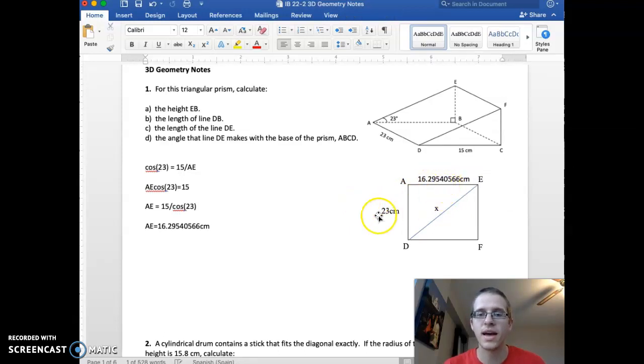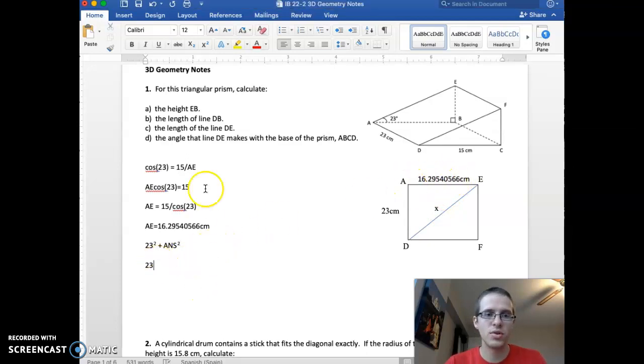And now I can do Pythagorean theorem with these two and x. And x is the hypotenuse in this situation. So you're doing 23 squared plus, in your calculator, I would do ANS, which is the answer. So you're getting this entire value.